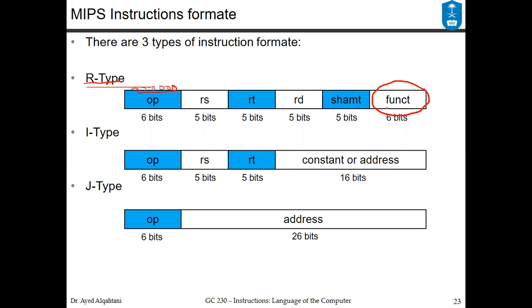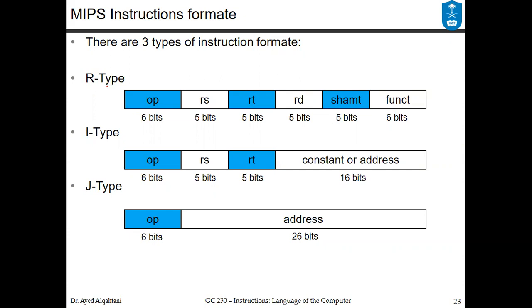We use the function field, the 6 bits at the end, to differentiate between the different instructions. We also have the shift amount. The shift amount helps us when you have a shift instruction, and we will see this also in the coming slides.